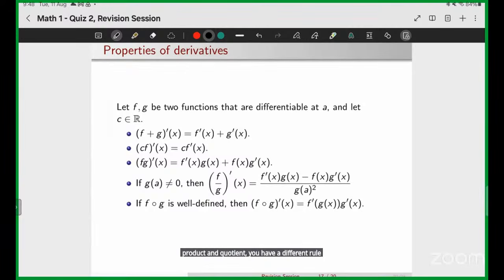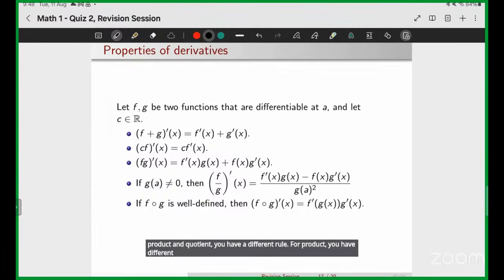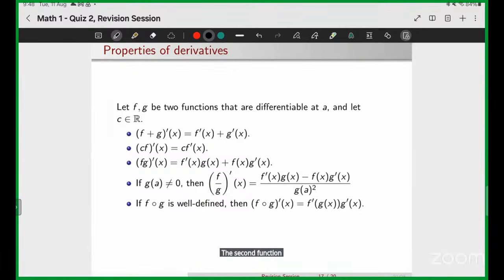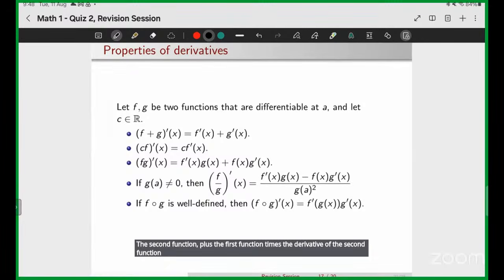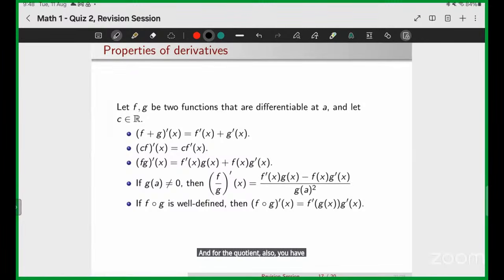For product, you differentiate the first function times the second function plus the first function times the derivative of the second function. And for the quotient also, you have an expression which I'm not going to read out loud. I'm sure you already know this.